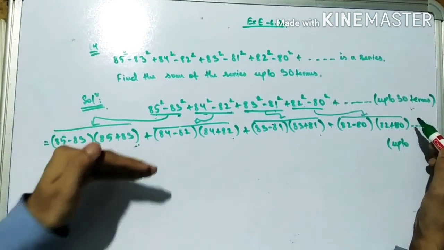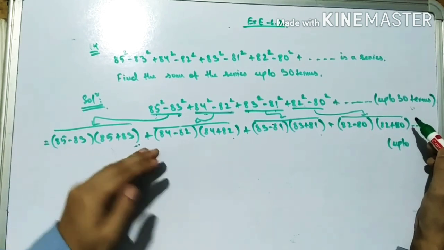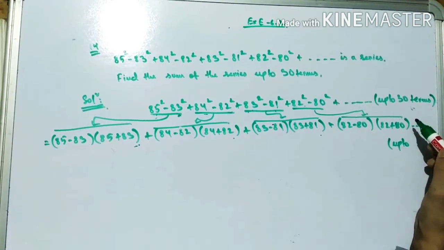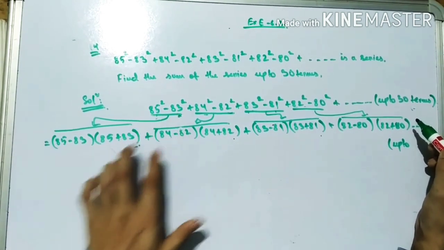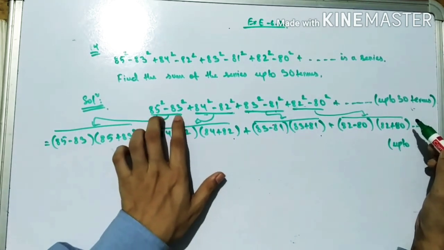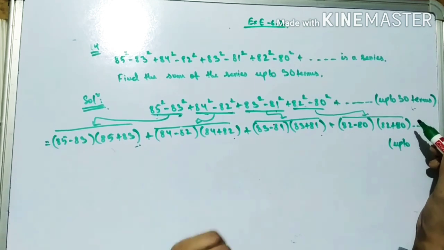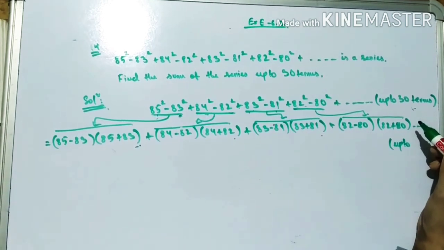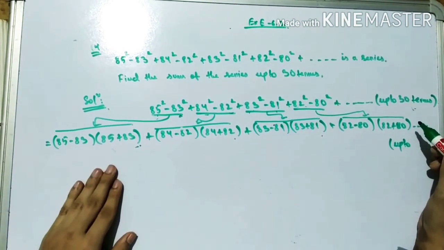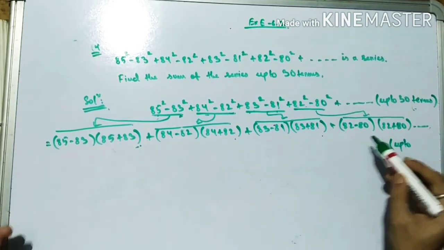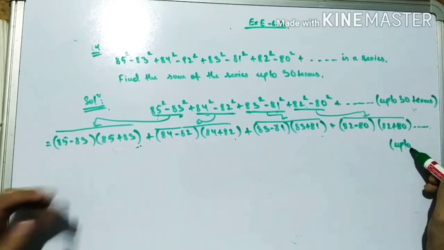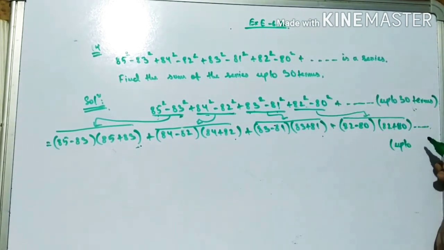And in here you see, in each term two terms became one single term, yes or no? Again in here also two terms became one single term. So up to which term will I have to add to get the same answer?